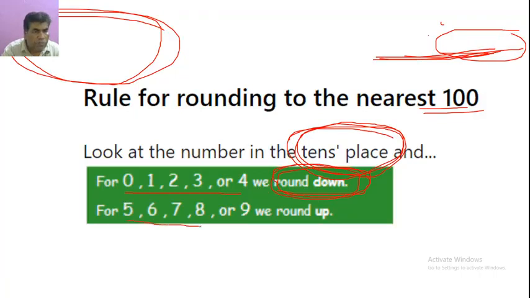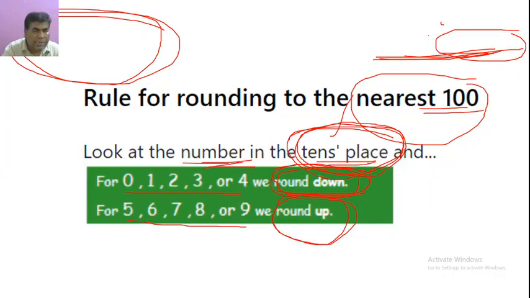If we have 5, 6, 7, 8, 9, we have to round it up. So when they ask for the nearest 100, which place do you have to consider? Tens place. You have to observe the digit in the tens place, not the ones place. Okay. Next.